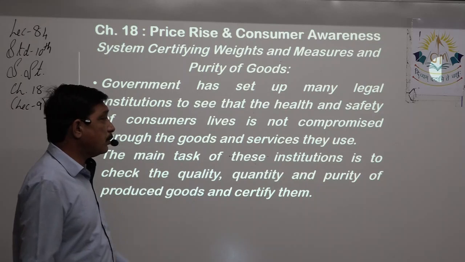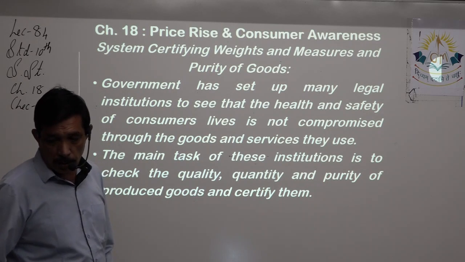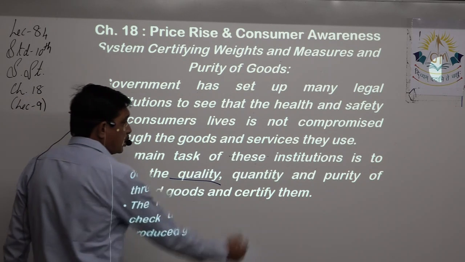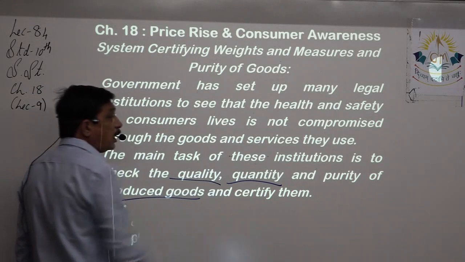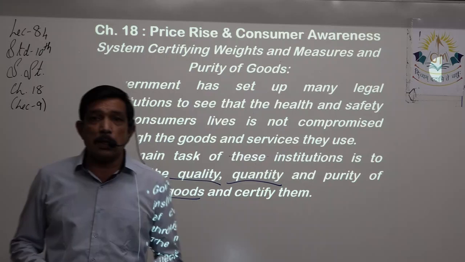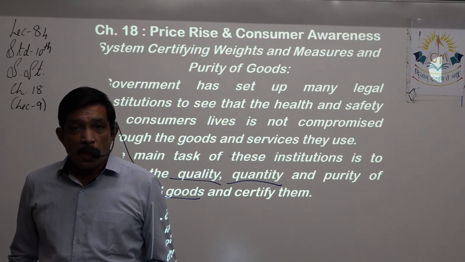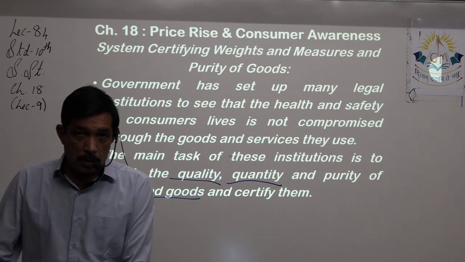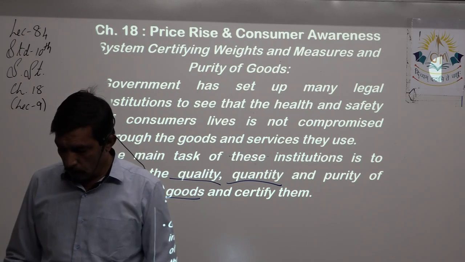The main aim of this institution is to check the quality of the product, to check the quantity, and to check the purity of the goods and certify them. So these are the four things done by the institutions.